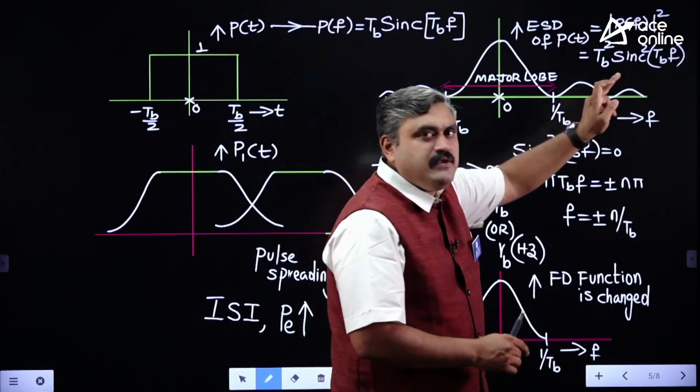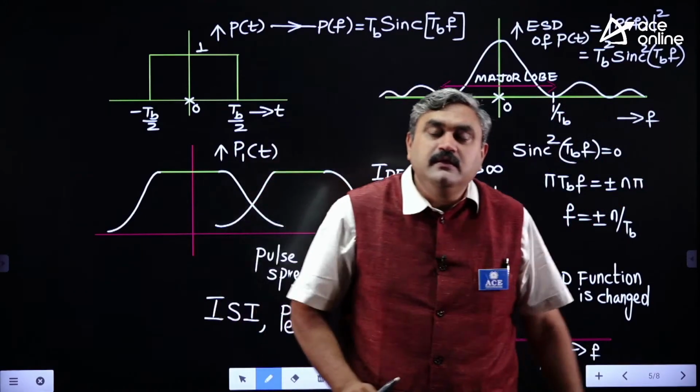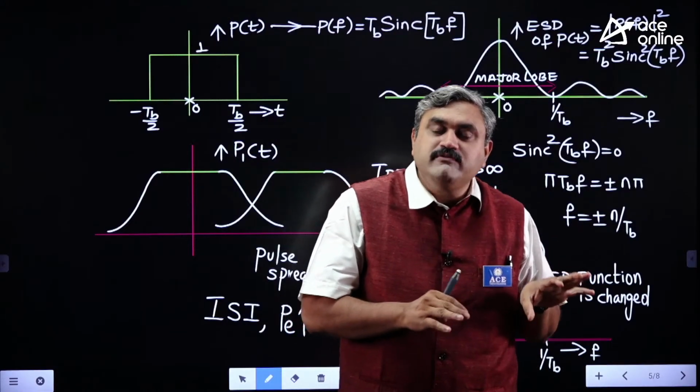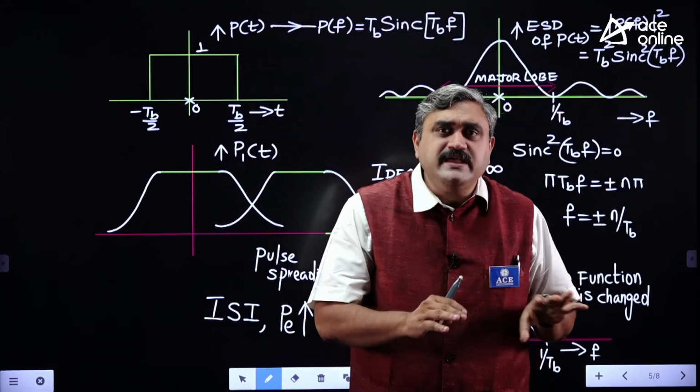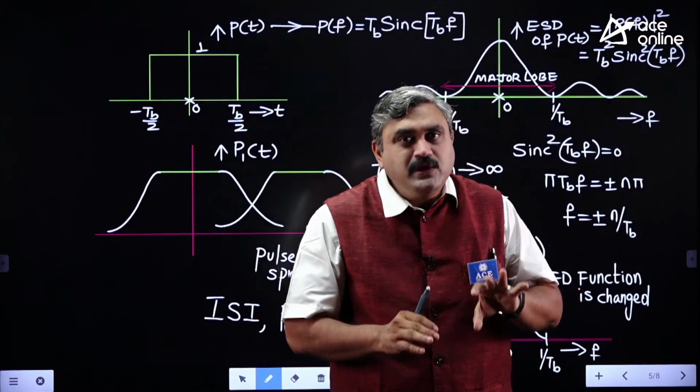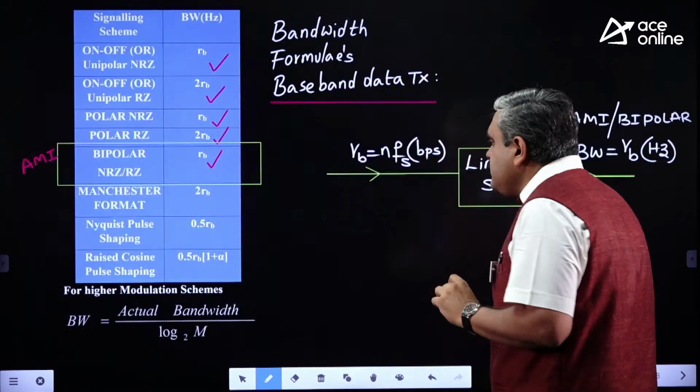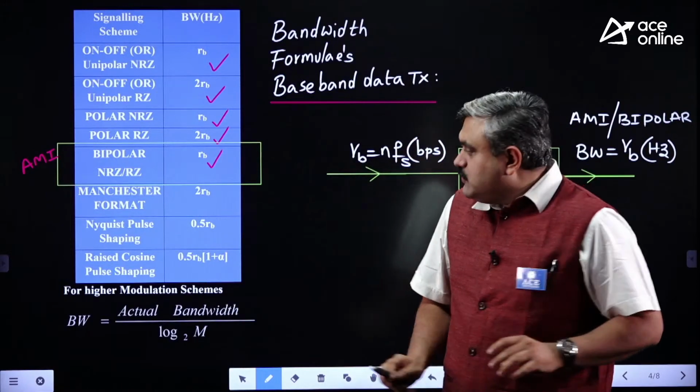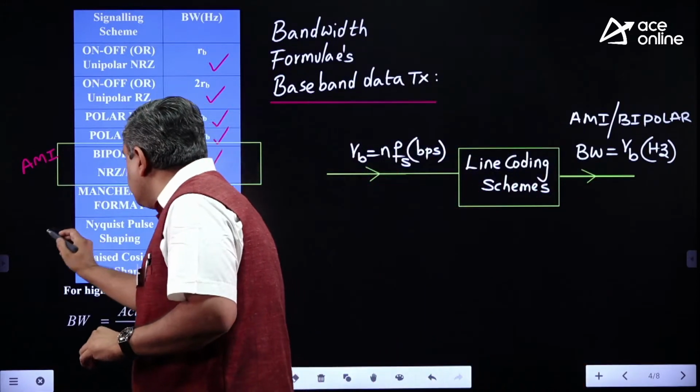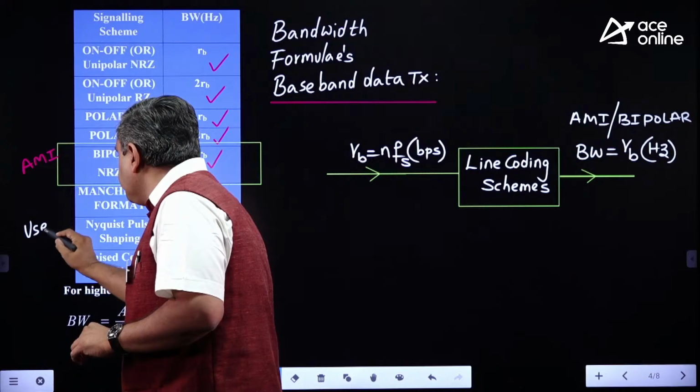All the remaining values, amplitudes are 0 automatically. That means if you want to do your transmission without any ISI, then what is the only way? You have to do transmission using sinc pulses. So these Nyquist sinc pulses are used for 0 ISI.